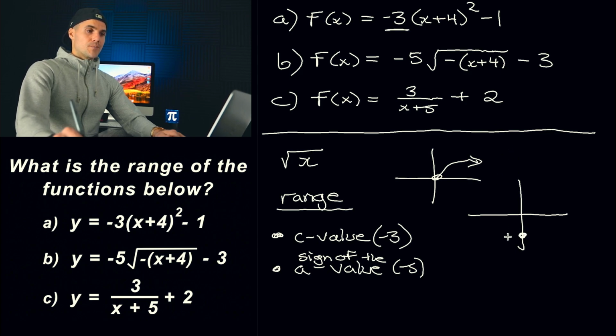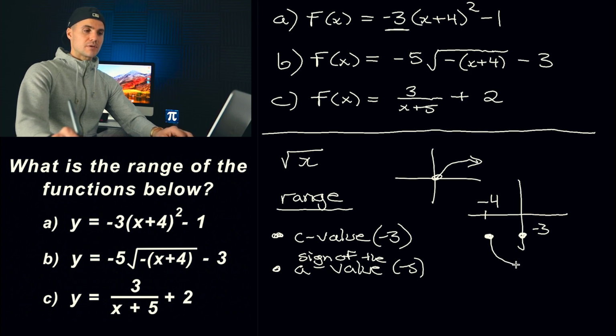Okay, so we know that this square root function in particular is going to start at a y value of -3, and it's going to be here. So it's going to be at -4, -3, and then notice that the A value is negative, so it's been reflected in the x-axis, or it's going to be decreasing like that.